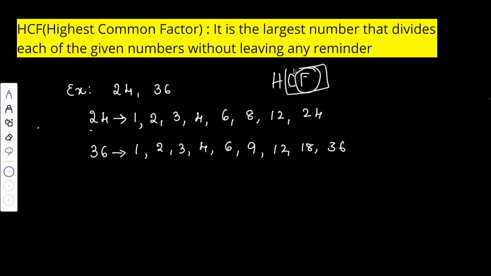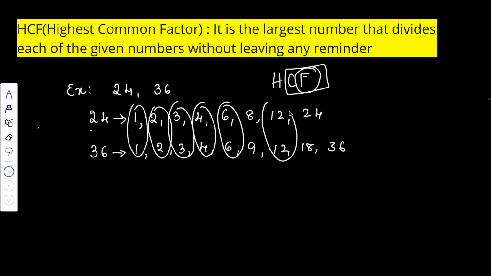Now we are finding the common factors. Among these, common factors are 1, 2, 3, 4, 6 and 12. Among that, which is the highest one? Highest one is 12.